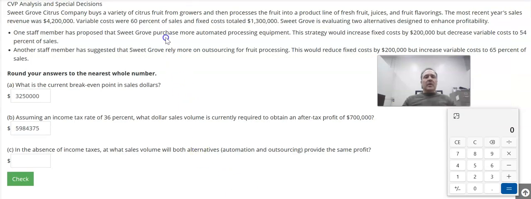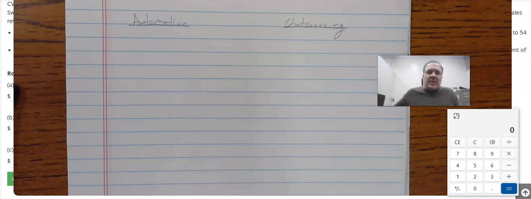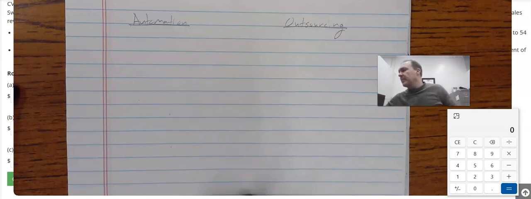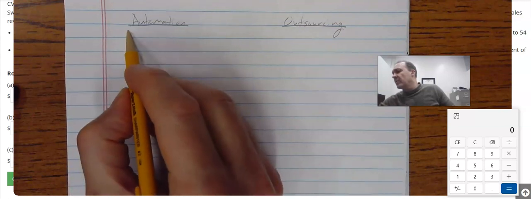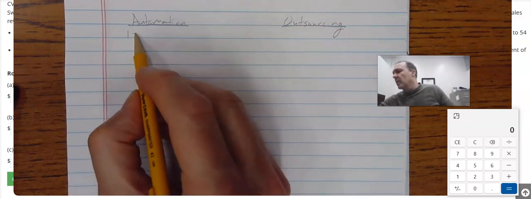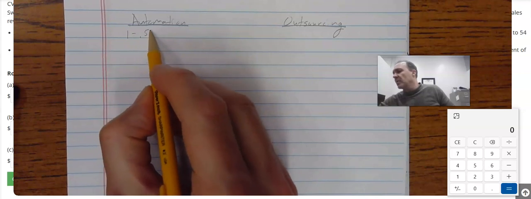So first is the process for automation. It says that fixed costs are going to go up and we're going to have variable costs go down. So this is going to impact our contribution margin ratio, and we can pretty easily account for that. For automation, we have sales representing 1 minus our new variable cost.